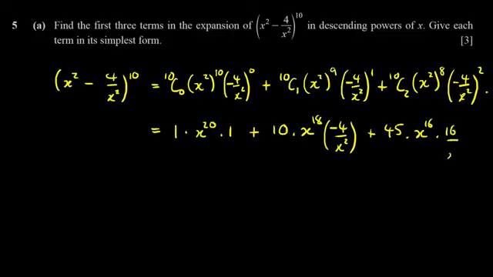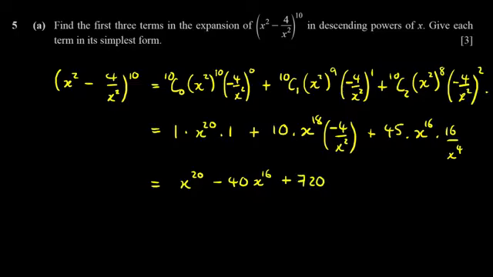And x squared squared is x to the power of 4. So now if I multiply these things out, I've got x to the power of 20, minus 40 because 4 times 10, and x to the power of 18 divided by x to the power of 2, that's x to the power of 16 because I subtract the powers. Lastly, I've got 45 times 16, which is 720.